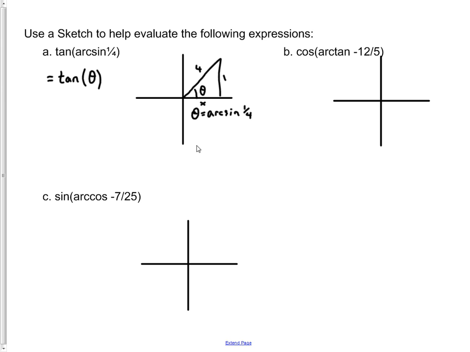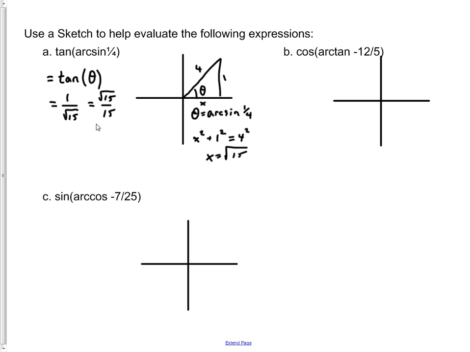We don't know what x is, but we know that if we squared x and we squared 1, we would get the square of 4. Which is to say that x has to be the square root of 15. And not only that, when we take the tangent of that angle, we're going to get 1 over the square root of 15. So the tangent of the arc sine of 1/4 is the same thing as the square root of 15 over 15 when we rationalize that expression.